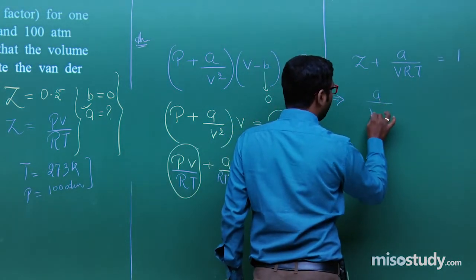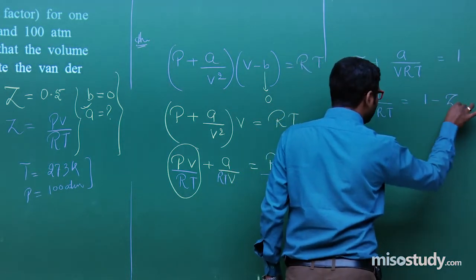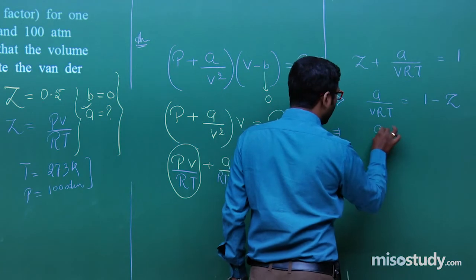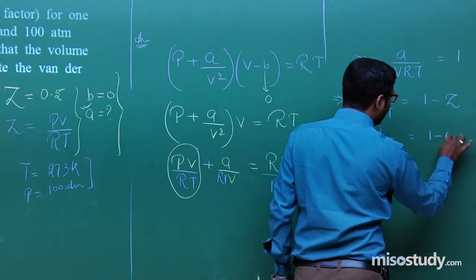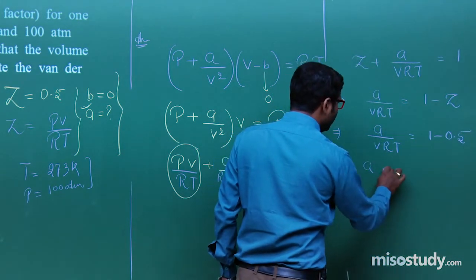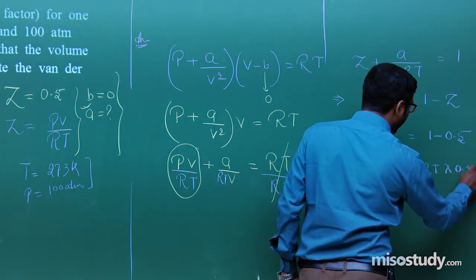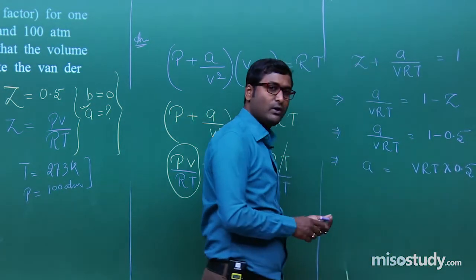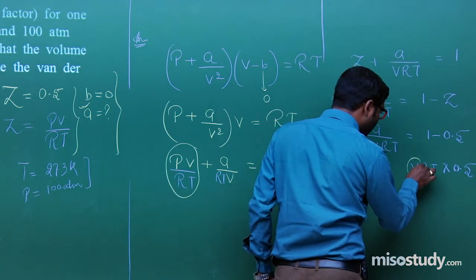A upon VRT is equal to 1 minus Z, or A upon VRT is equal to 1 minus 0.5, that is A is equal to VRT into 0.5. Clear to you? But here one thing I have to mention, there is no value of V given.